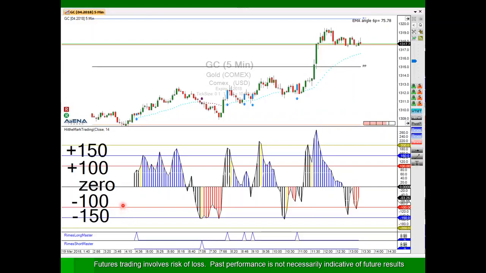Therefore, if you break through the 100 line, you're breaking through resistance. If you break through the 150 line, you're breaking through resistance. Okay? All right. If you are below the zero line, what does that mean? We have a downward bias. If you are above the zero line, what does that mean? We have an upward bias. How simple can that be?